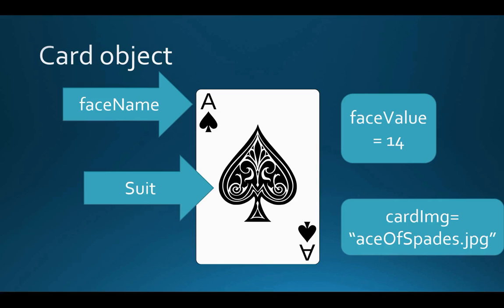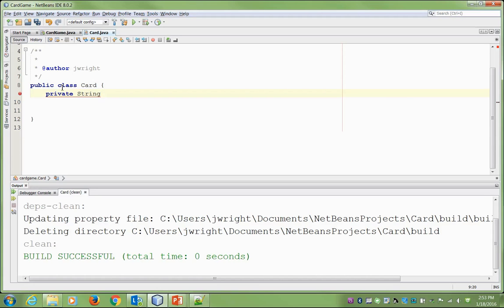I wouldn't want some other class to be able to go in and change the value of this card or any other card. For example, I wouldn't want all of a sudden the number 2 to have a value of 30, as if 2 could beat an ace, right? I don't want other classes to be able to do that. So I make them private, and what did we say? Oh, we'll make it face name.